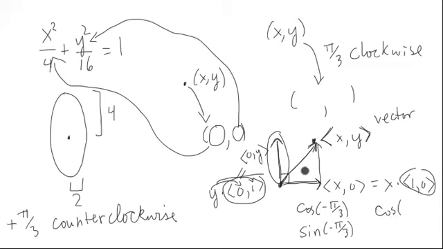So when it's rotated, the same idea will be preserved. The destination of 0, 1 will be on the unit circle: cosine of negative pi thirds plus pi halves, and sine of negative pi thirds plus pi halves.